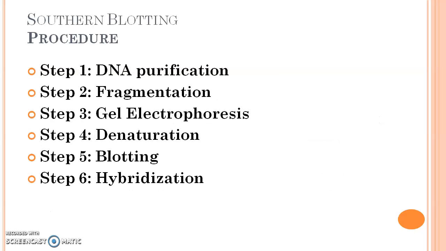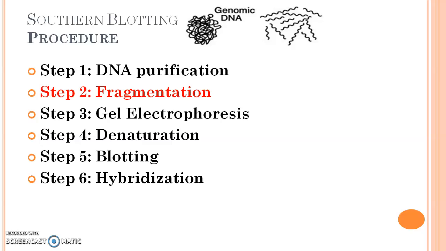So the different steps involved in the Southern blotting procedure are step 1 to step 6, which follows through the DNA purification, fragmentation, gel electrophoresis, denaturation, blotting and the hybridization. The DNA purification, that is the generation or isolation of the DNA from the tissue or cell.